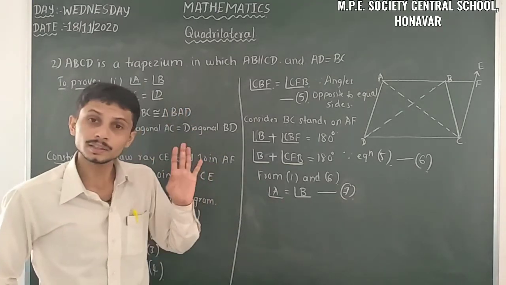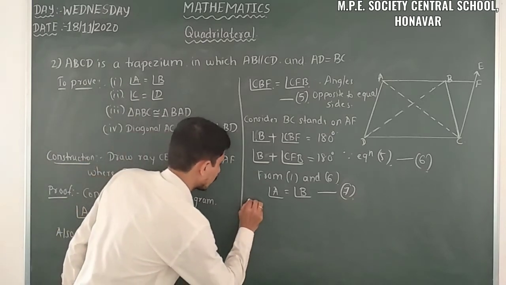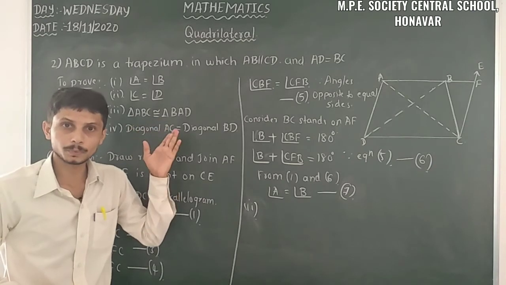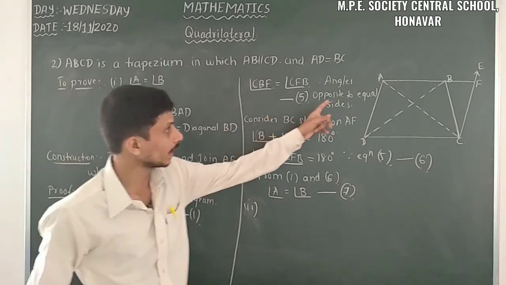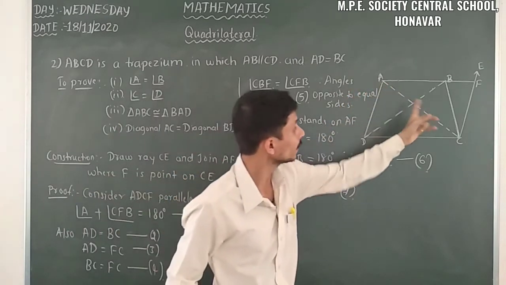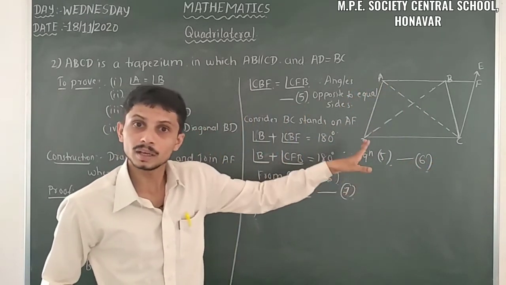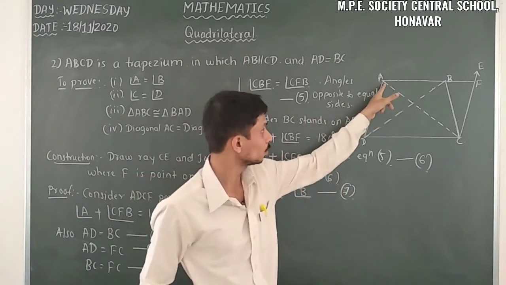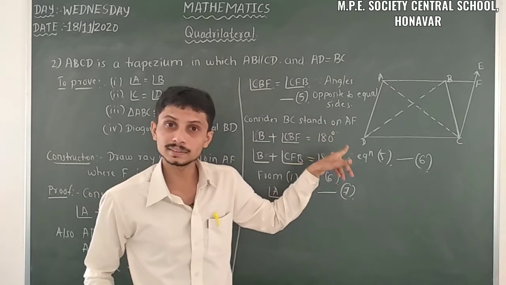So let us move on to the second assumption. Here just observe, angle C is equal to angle D, we have to prove. So here we know that angle A is equal to angle B. Also we have AB parallel to CD. When we consider AD as a transversal, these two adjacent angles are supplementary.